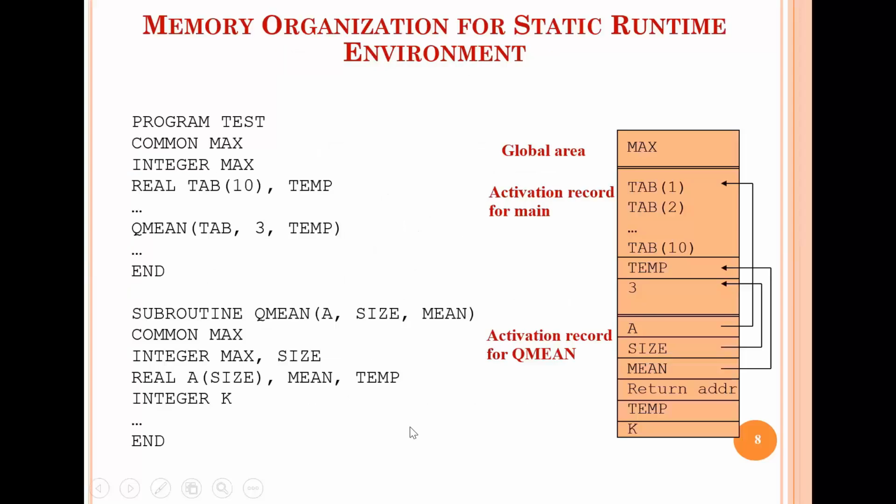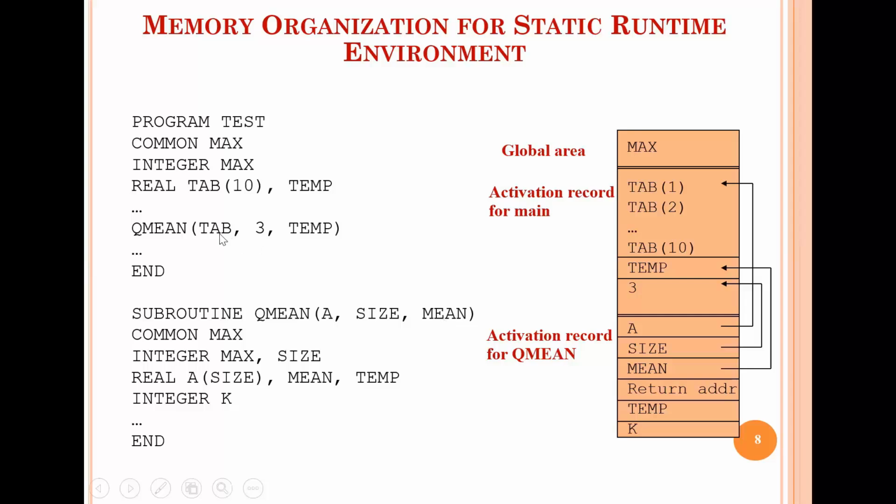Then this is an example in which we are considering a main program with the name max, which is allocated in the global area. Then we have an activation record where tab 1 to 10 is declared. Then we have a call to qmin, which is a subroutine or a procedure, with three variables: a, size, and mean.